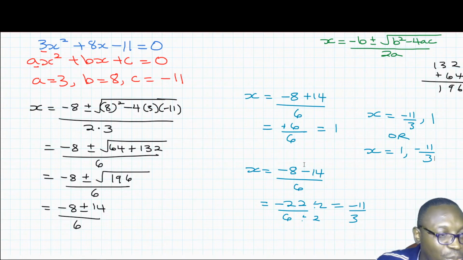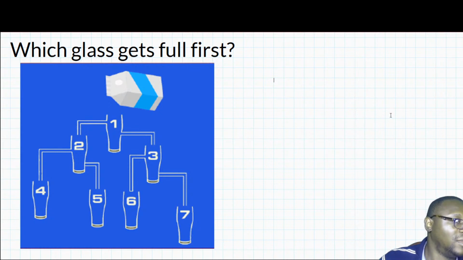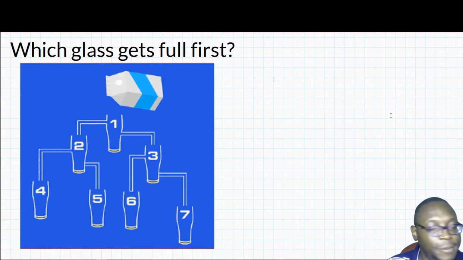Okay, so now let's do a first puzzle for the day. Based on this, which of these glasses will get full first? This is open to everyone, even if we have younger students or lower grades.